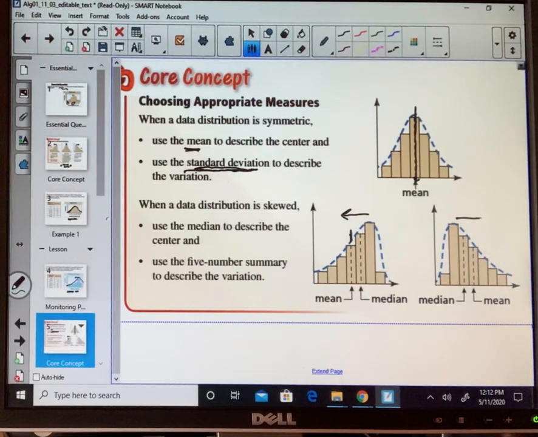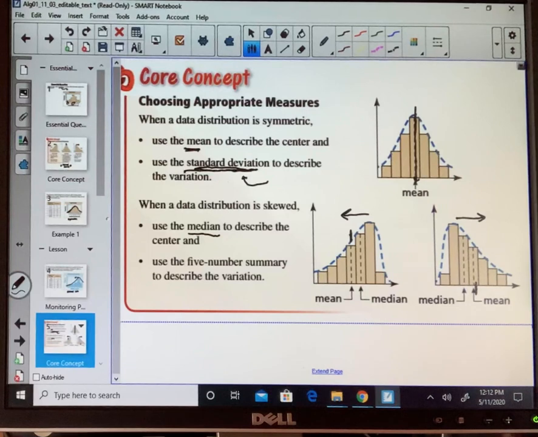If it's skewed to the right, the mean is actually higher than the median. So with these two, if it's skewed, you're going to want to use median because the standard deviation is going to be way too wide. It's not going to tell us a lot of good information.